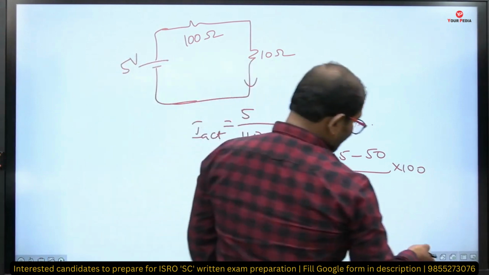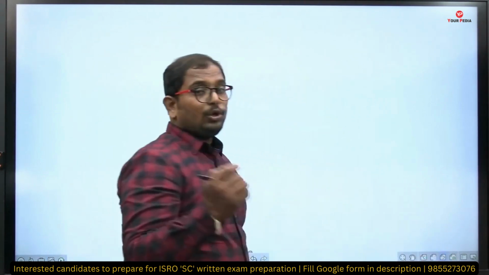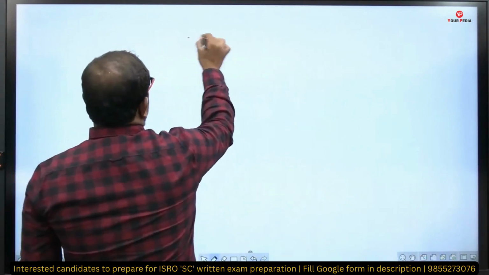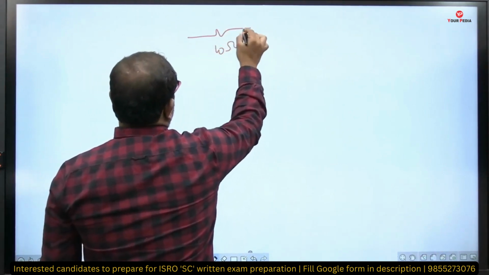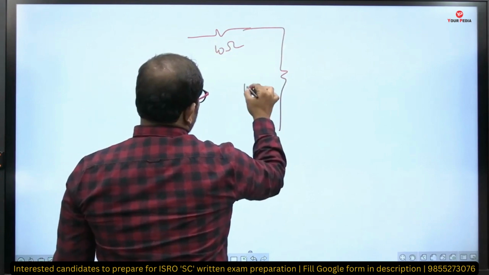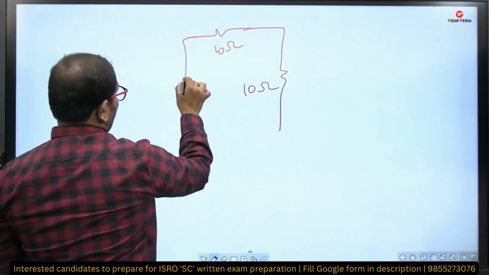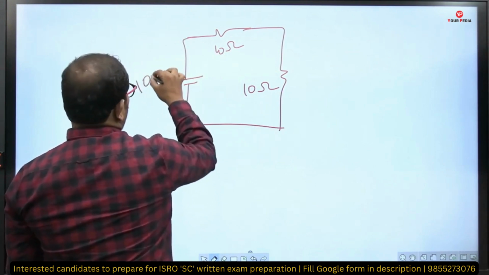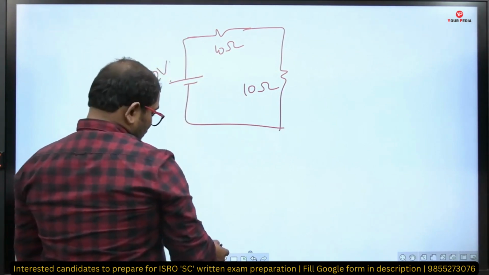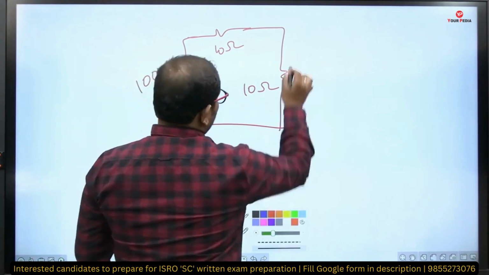Now let's solve one more problem by taking the voltmeter into consideration. Let me take 10 ohms, another 10 ohms here, and here let me take some 100 volts. Here we need to measure the voltage across this one.